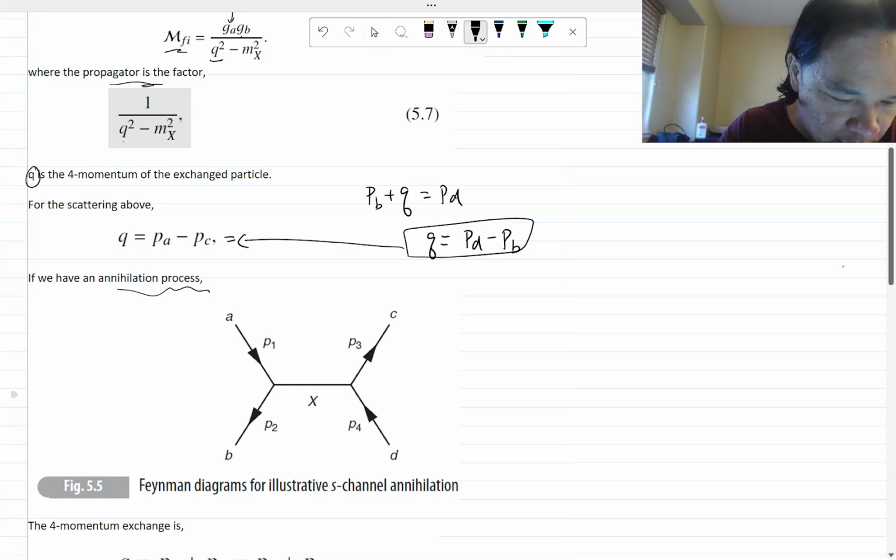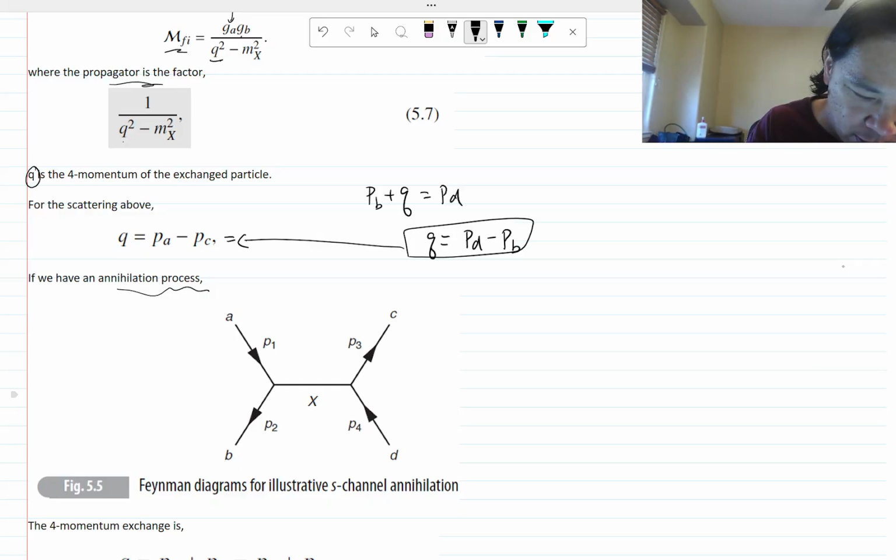If we have an annihilation process where you have some particle coming in, let's say an electron, and an anti-electron, a positron coming in, that's why the arrow is drawn outward. They annihilate at this point and produce something. In the case of e plus e minus, there'll be a photon, and then some other particles come out on the other end. This is an annihilation process.